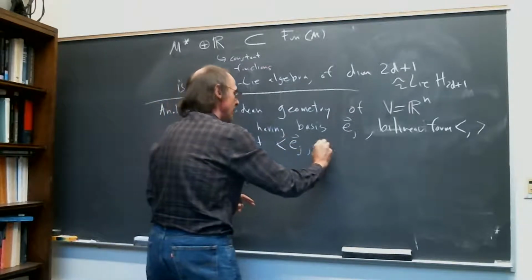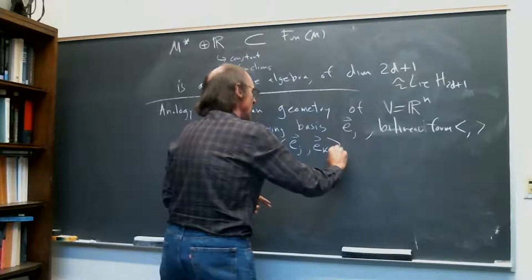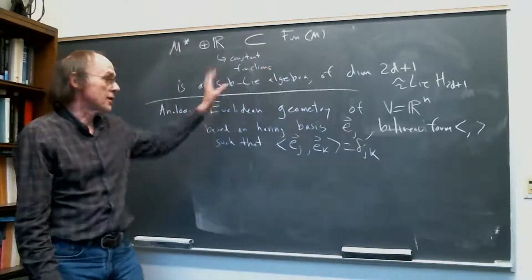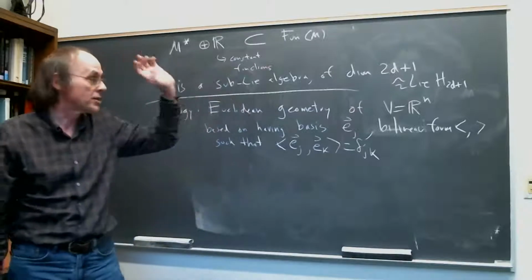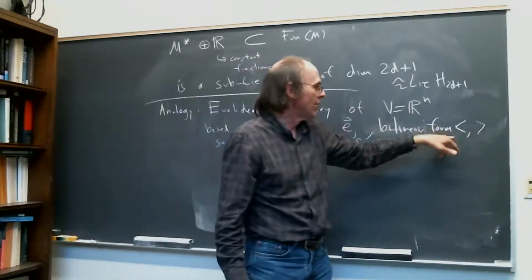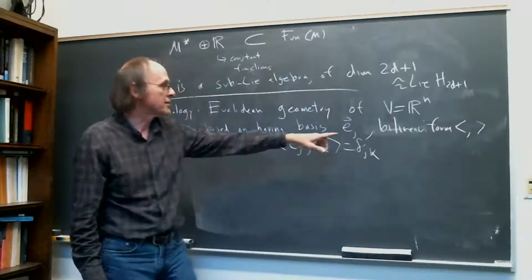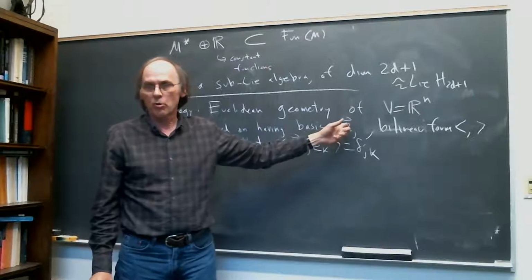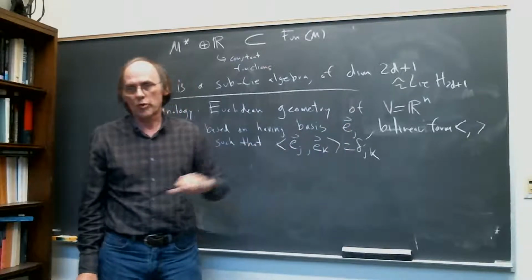This is just the usual story about Euclidean geometry: you've got a vector space, and then you have a bilinear form on it, and this bilinear form is defined by what it does on an orthonormal basis.